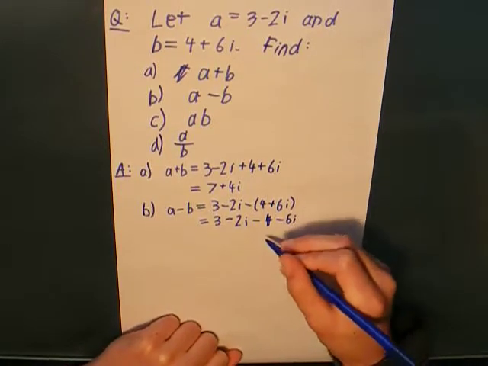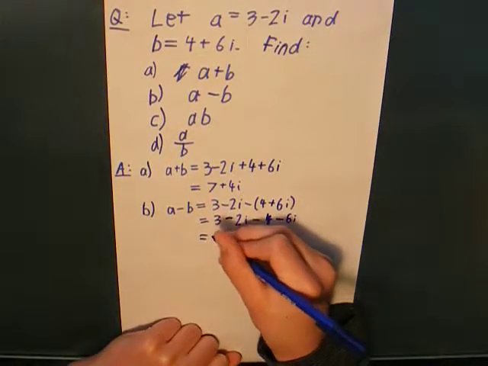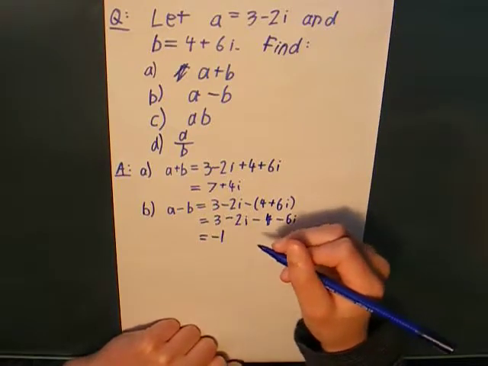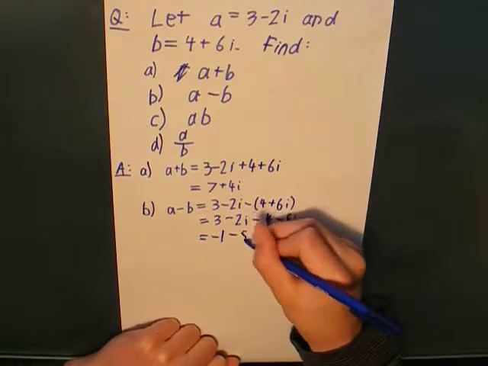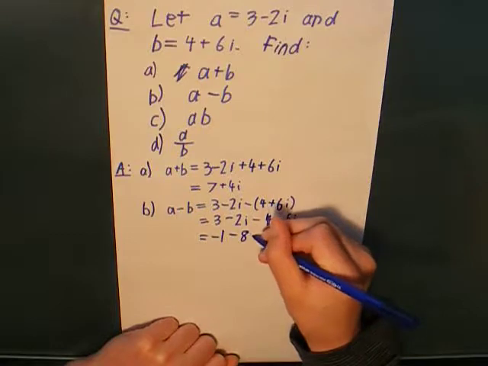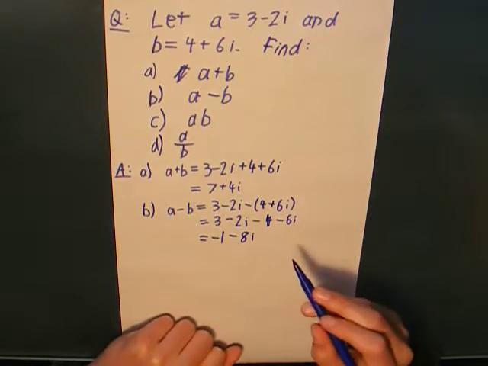Again, collecting like terms, so equals 7 minus 8i. Okay, so that's A minus B.